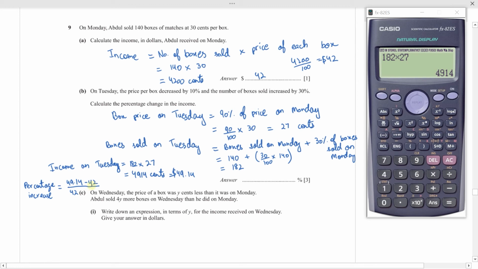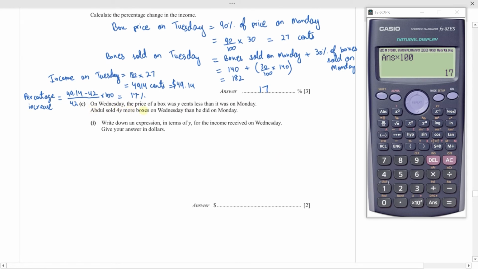So you divide by the income on Monday, multiplied by 100. So let's calculate this: 49.14 minus 42, divided by 42, into 100. So this is a 17% increase in income from Monday to Tuesday. So 17%.